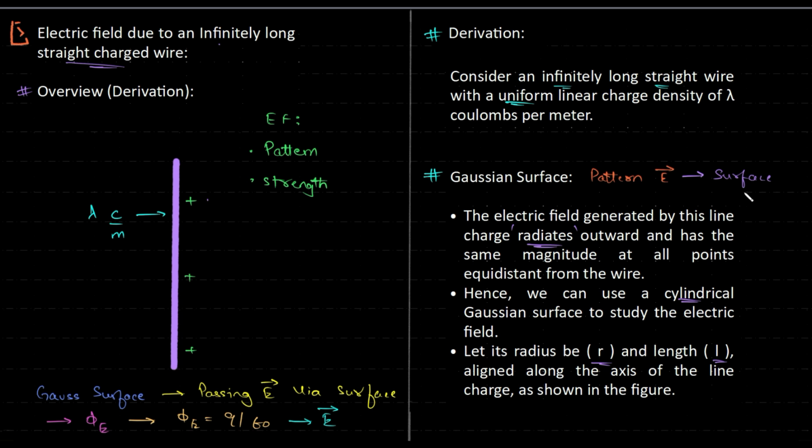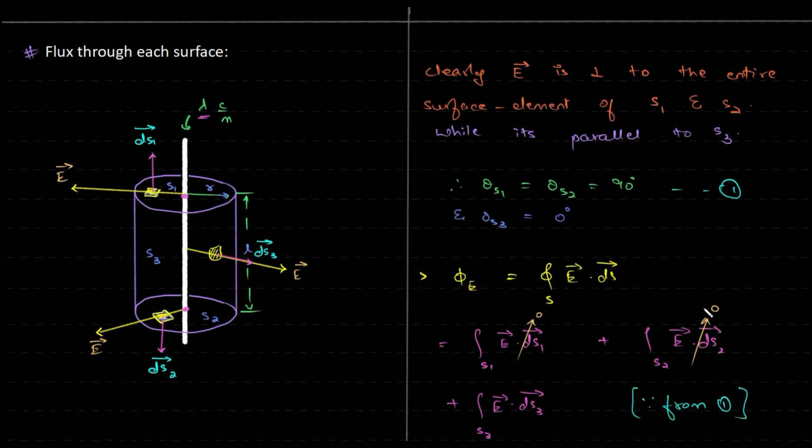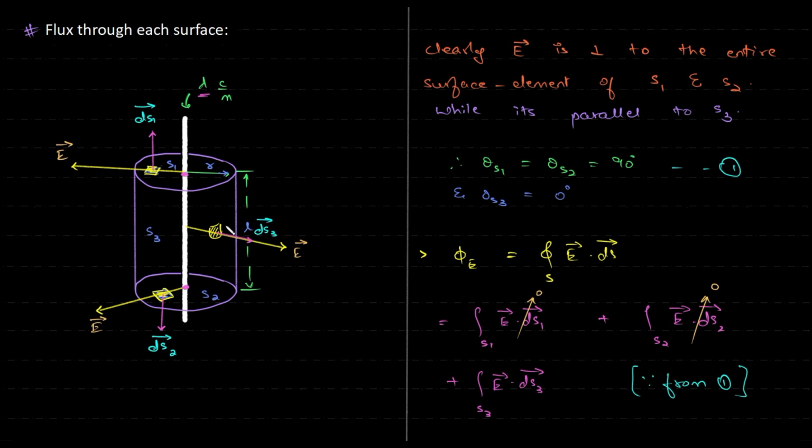Once we know that, we can choose a surface that is either perpendicular, parallel, or at a particular angle, so that we can put a general rule to the entire structure or parts of the structure. Surfaces with different angles can be handled, to be honest, but it's not convenient. So we have taken up a surface which is very convenient. That's a cylinder.